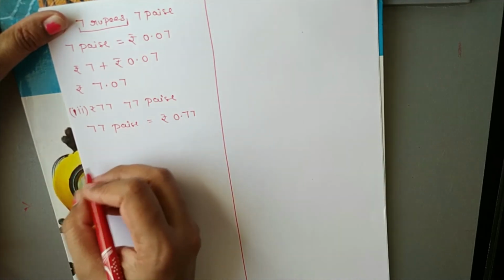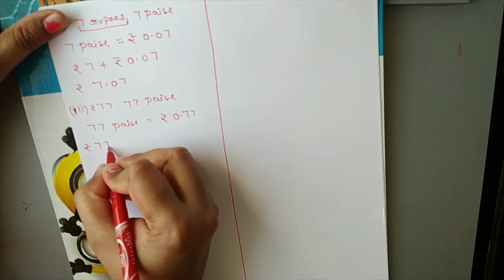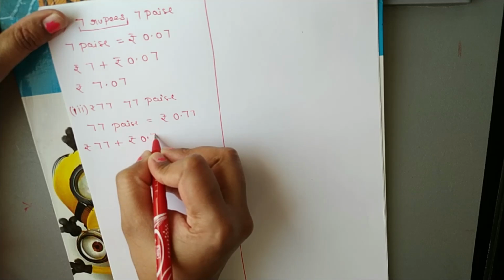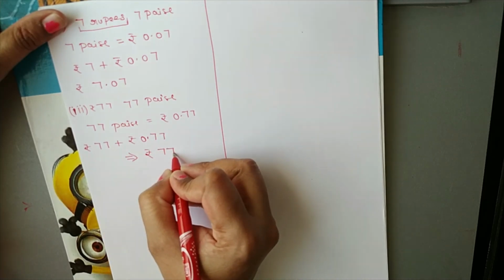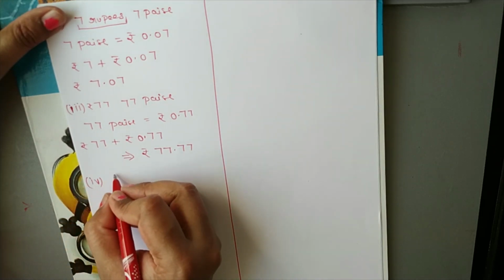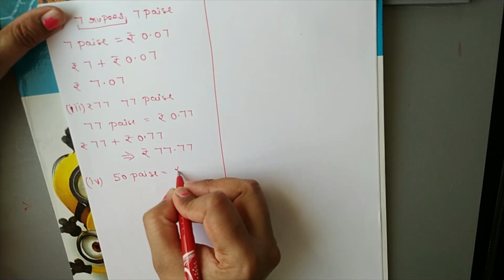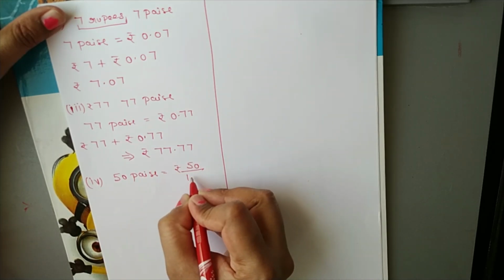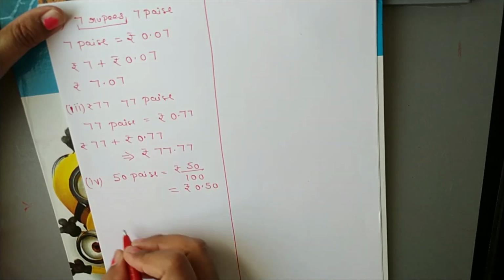Okay, divide by 100. Now we have to add rupees 77 plus rupees 0.77, so it will become rupees 77.77. Now fourth part, 50 paise, we have to convert into rupees, so we have to divide by 100, so it will be rupees 0.50.